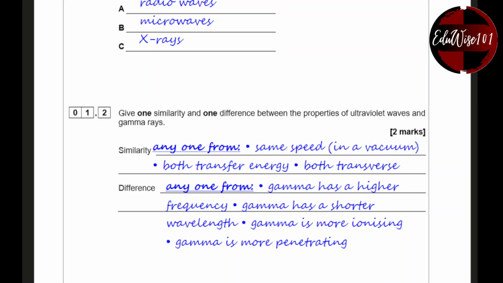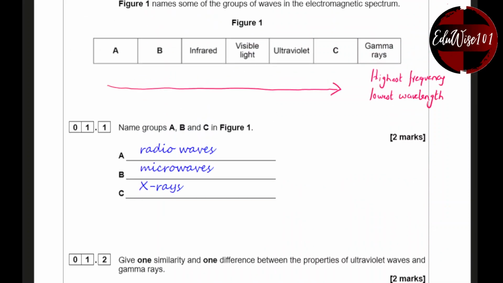You could also say gamma is more ionizing and gamma is more penetrating as well. Remember, of the three waves, ultraviolet, gamma, and X-rays are ionizing, and gamma is the most ionizing out of the three.